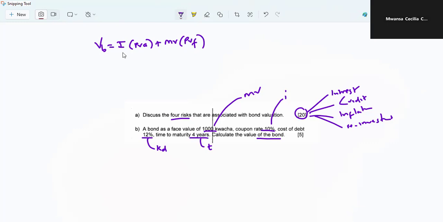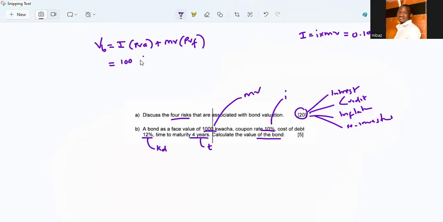So what is our I? How do you find the capital I? Our capital I will be 0.10 times 1,000. That's 100. So that is our 100.